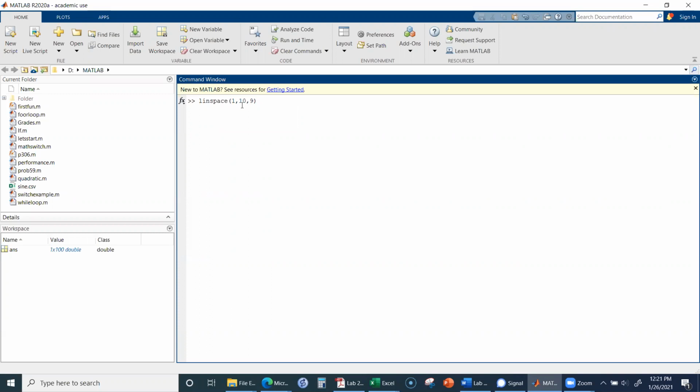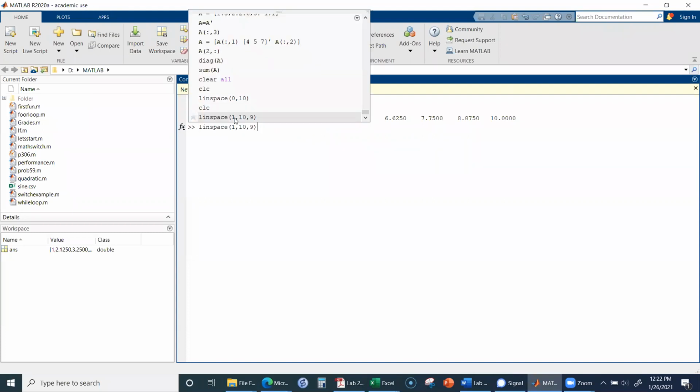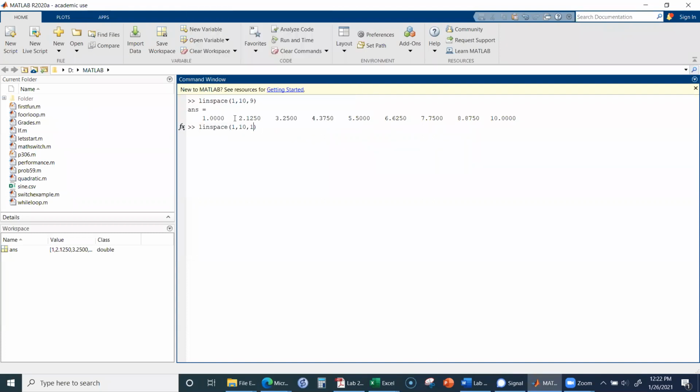Let's try 9. Okay, so I will get it like this. From 1 to 10, we get 1, 2.125, 3.25, 4.375. If, for example, I want from 1 to 10, 10 equally spaced numbers, then I will get 1, 2, 3, 4, 5, 6, right?